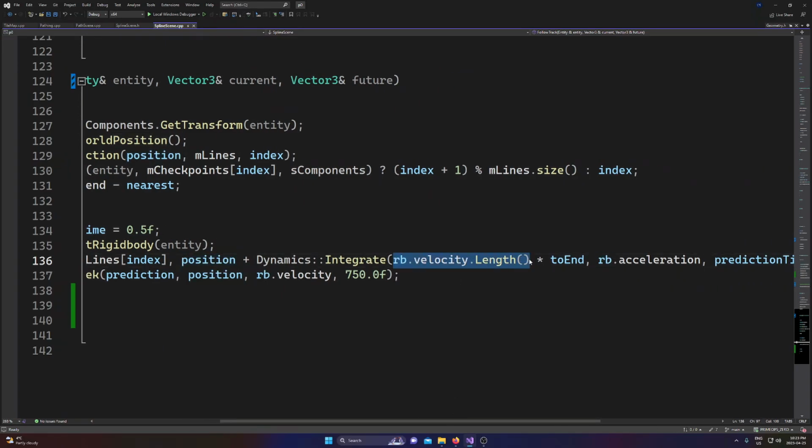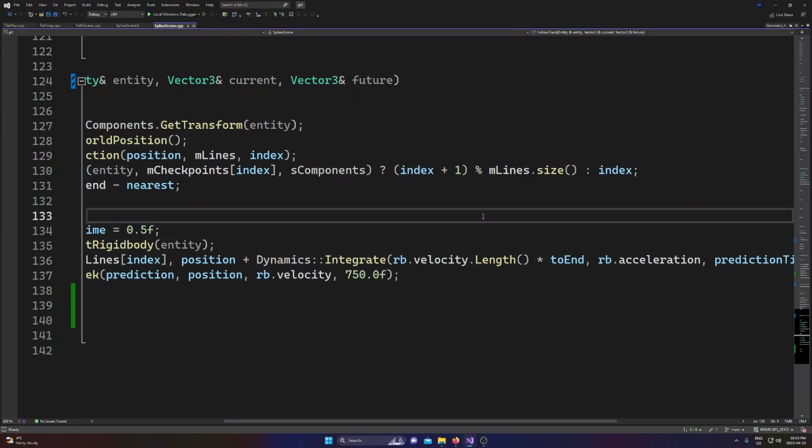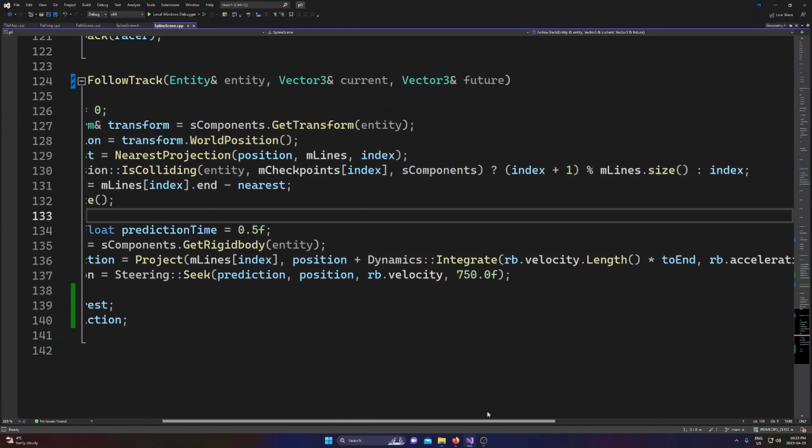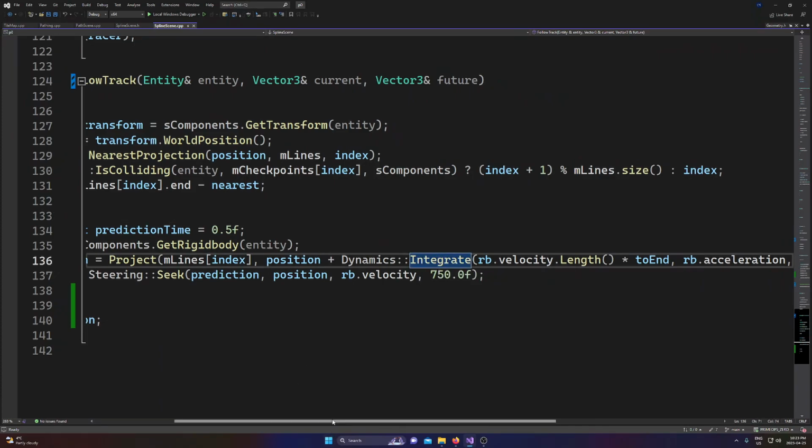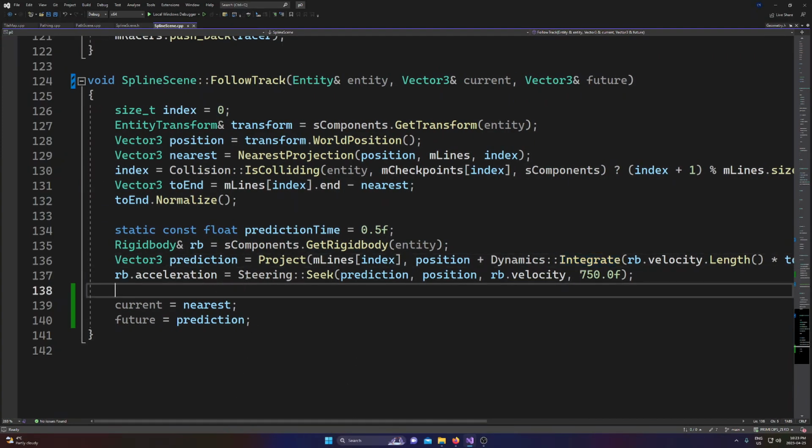So we take our speed, which is the magnitude of our velocity, and we multiply it by the direction in which we want to move. And we also factor in our current acceleration just to add a bit of variance into our movement. So our acceleration is almost certainly not in the direction we want to travel, but that's good because we don't want predictable linear movement. So yeah, we just use semi-implicit Euler integration courtesy of our physics system.